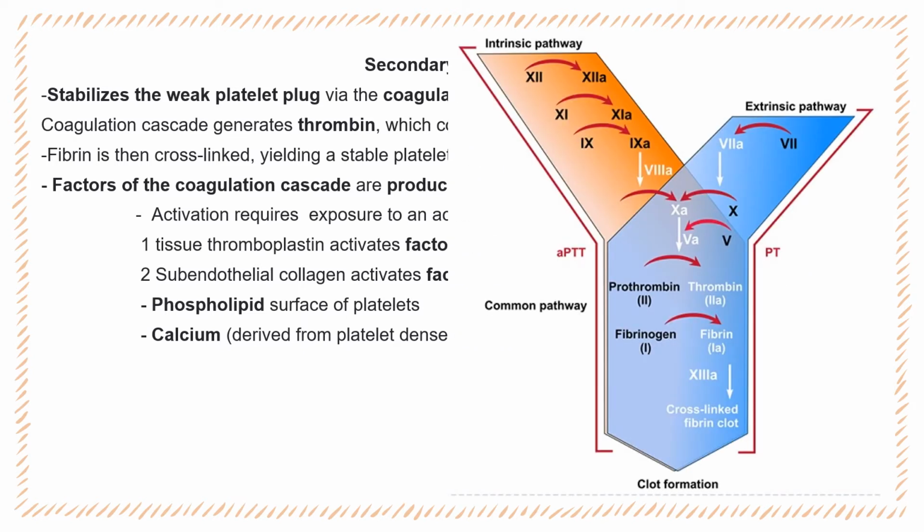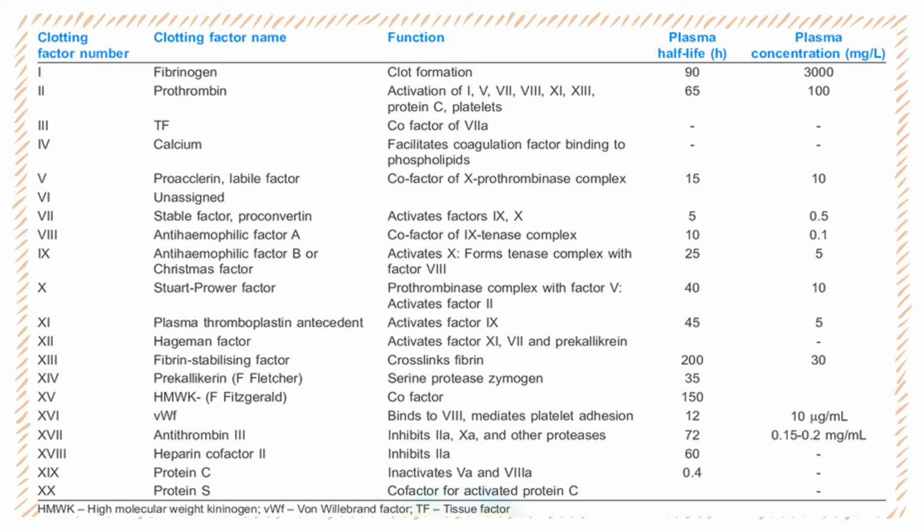On this scheme you can see the intrinsic pathway and extrinsic pathway of the coagulation cascade, all of them leading to formation of the clot. And on this picture you can see numbers and names of these clotting factors.